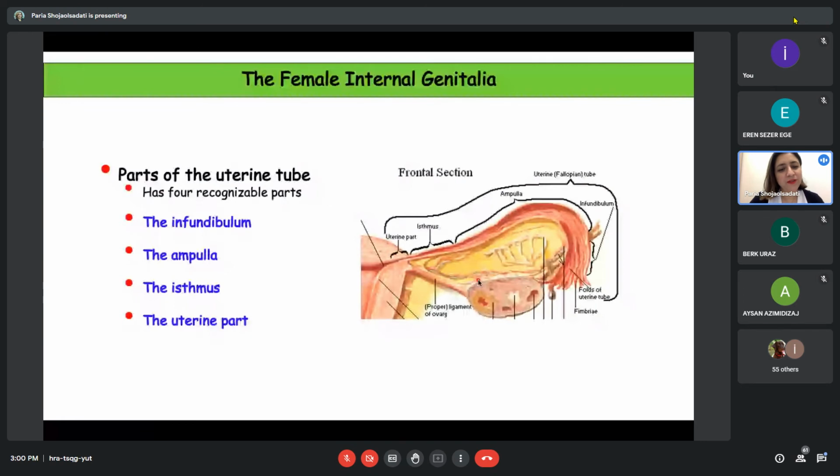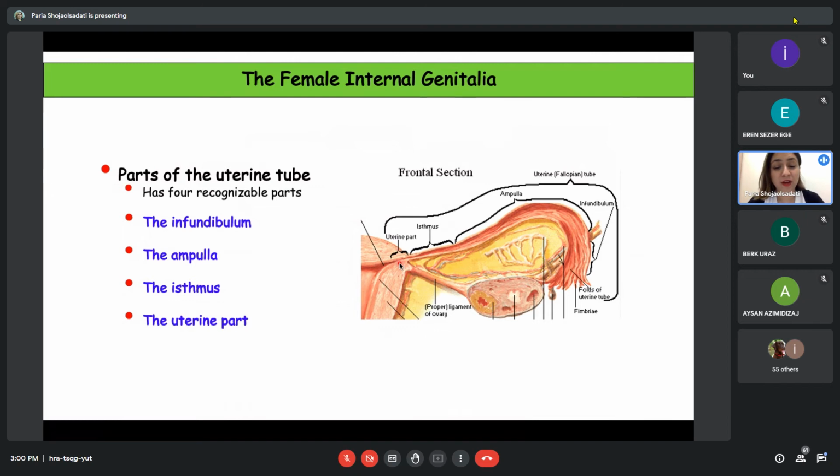The tube is divided into different parts, and the part connecting to the uterus is generally named the uterine part. Sometimes this part is named the intramural part.